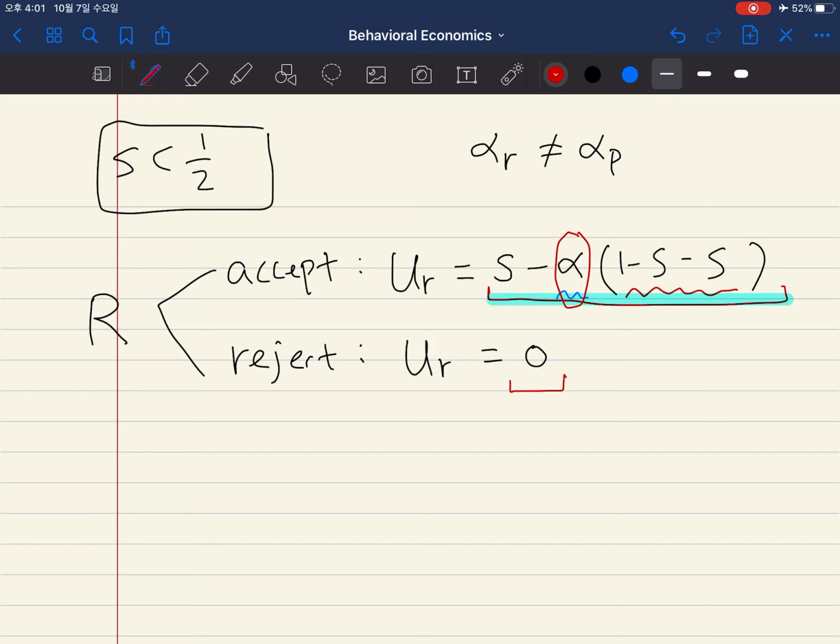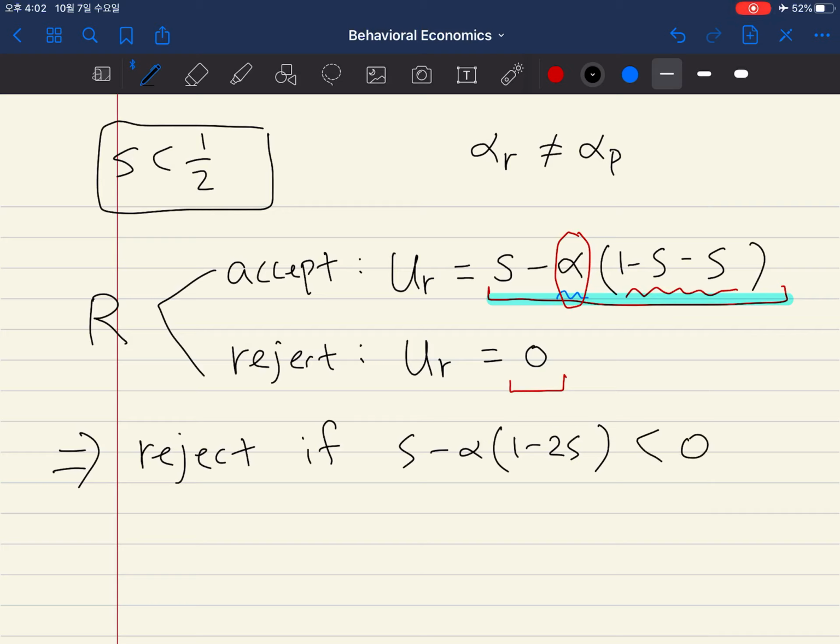If this is the case, then responder is going to reject the offer. Therefore, responder is going to reject the offer if this blue expression is less than 0, and accept otherwise.